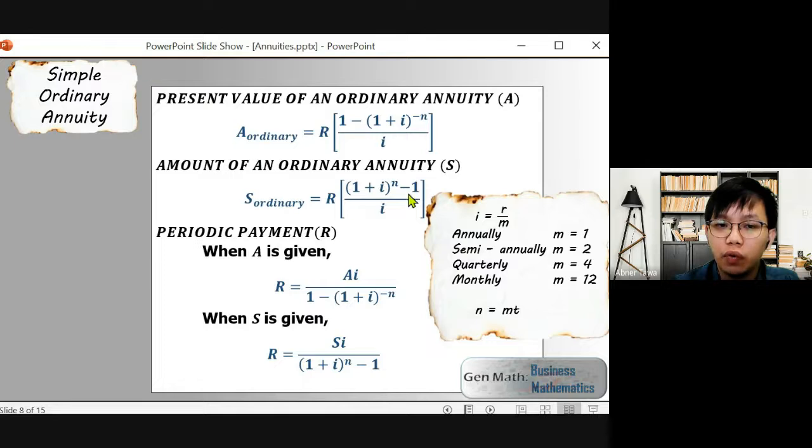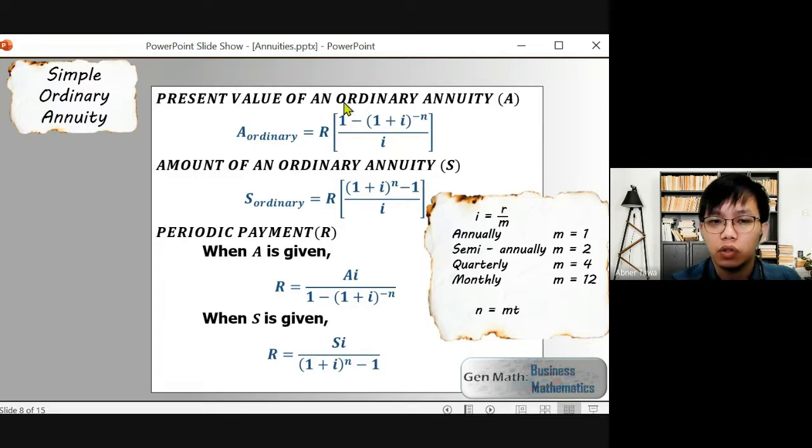Ang only difference is yung pag-solve ng I. Yung I kasi ng simple ordinary annuity, ito yung ginagamit na formula. Compared sa general ordinary annuity, it's different. The way of solving the value of I is different. Pero dun sa annuity due, it has a very different formula. Hindi ganito yung formula ng annuity due. It has a separate derived formula.